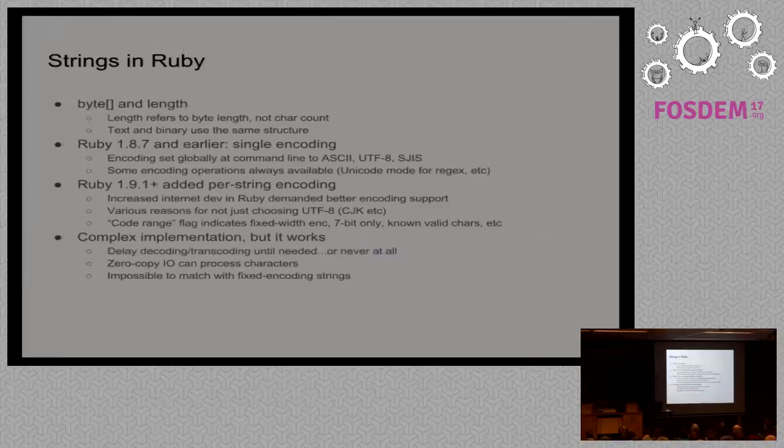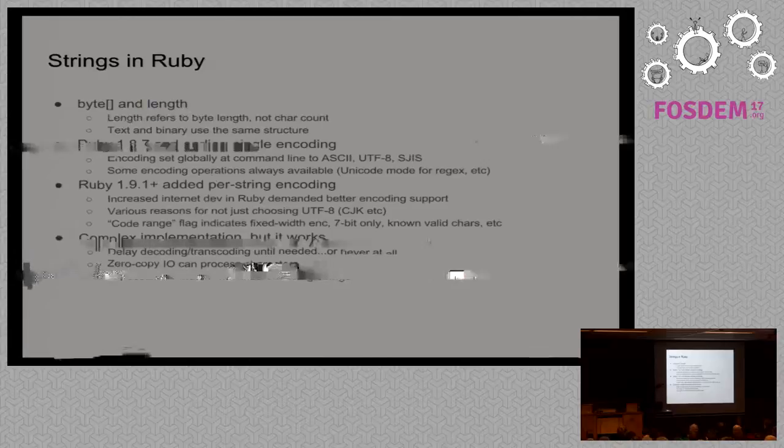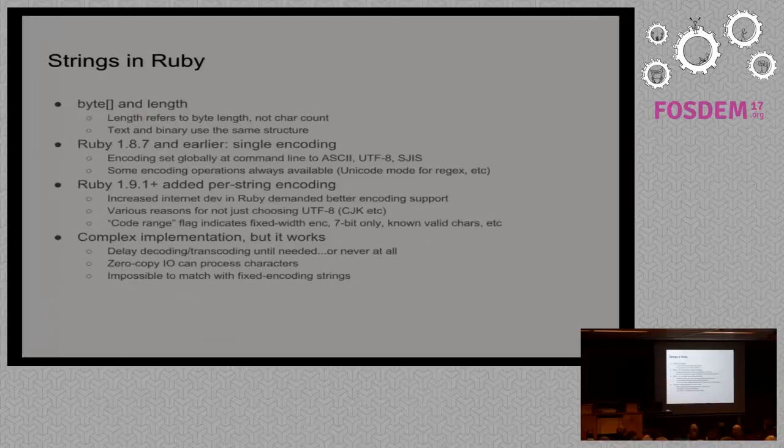And that worked okay, but in a world of many encodings and dealing with the wider internet and lots of files and different formats, they decided they needed something better to negotiate all these different encodings and strings. And so in Ruby 1.9.1 and from then on, in addition to having the byte array and the length of those bytes, they had an arbitrary encoding.